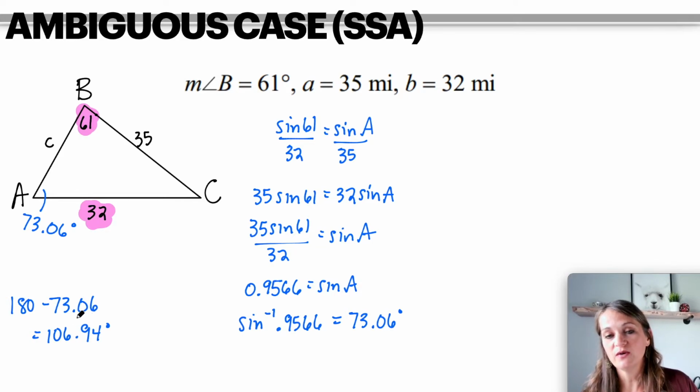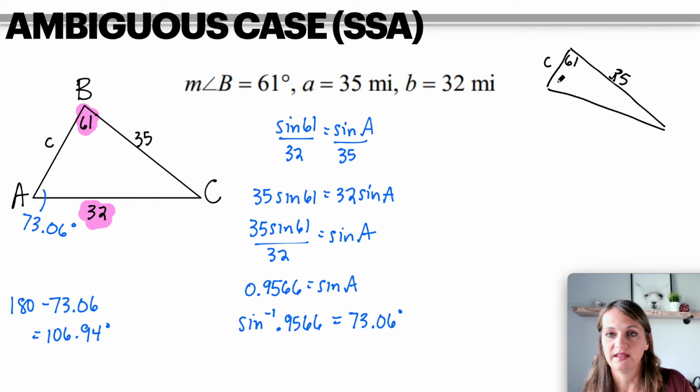Now, what they're basically saying is this could either be 73.06 degrees or it could be 106, meaning if you were to draw this out, this can now be 106 degrees. So 73 could possibly be that angle, or it could possibly be an obtuse angle, in which case little c will change value, which means angle C would also change value.